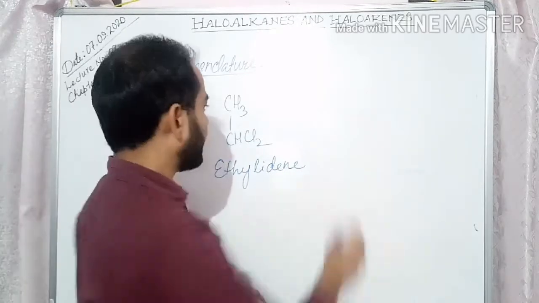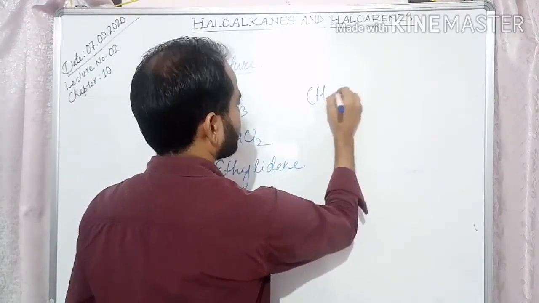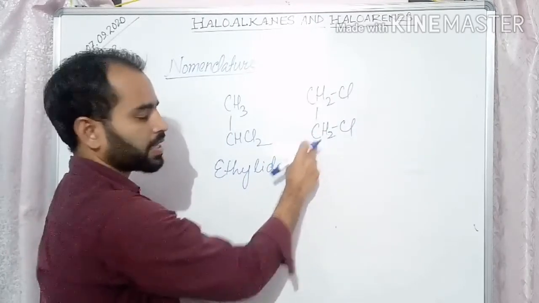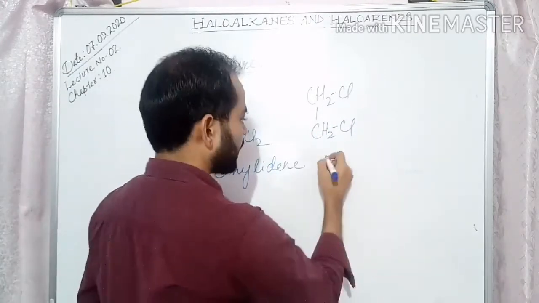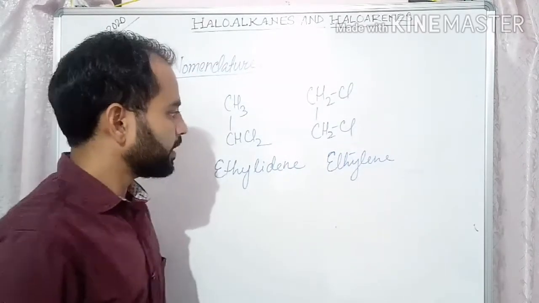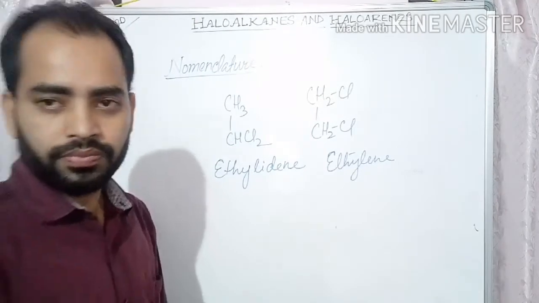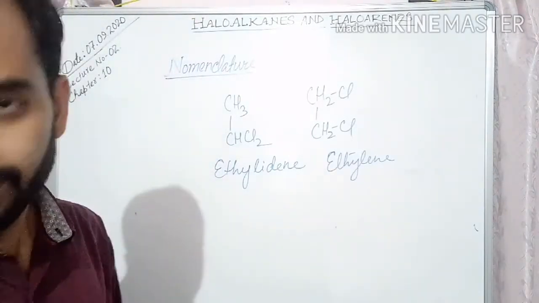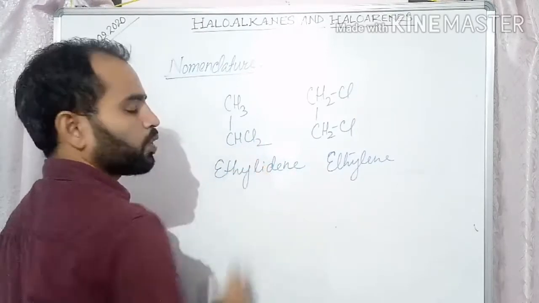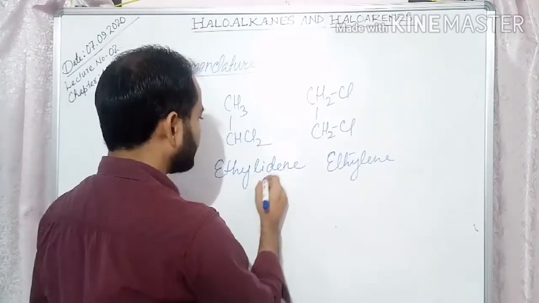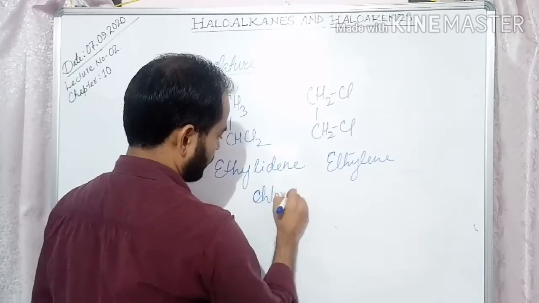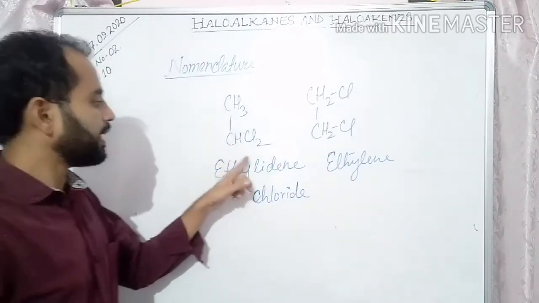These are called ethylidene, and if one hydrogen from this carbon and one hydrogen from this carbon are replaced by the halogen, then they are called ethylene. So ethylidene and ethylene, and in ethylidene, since 2 chlorines are there on the same carbon, it is called ethylidene chloride.